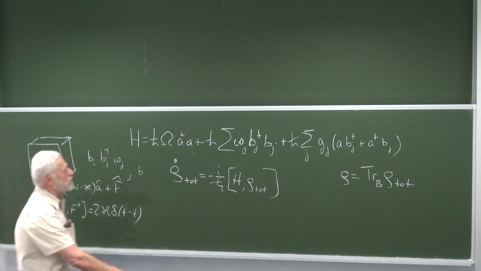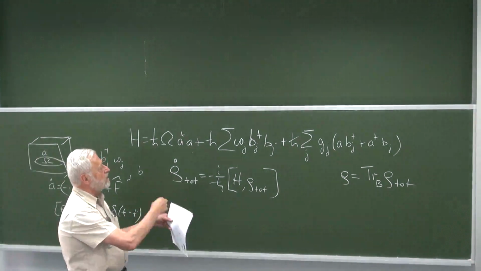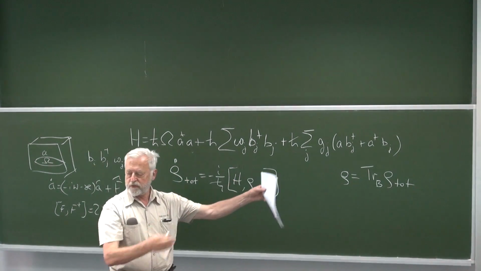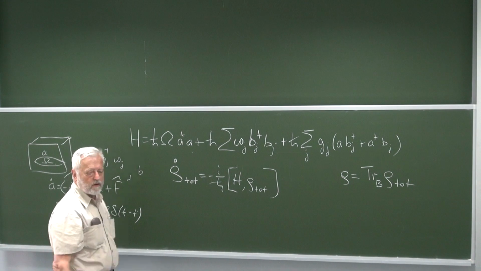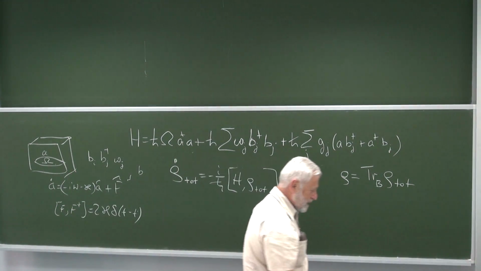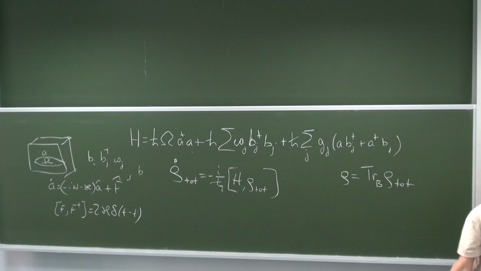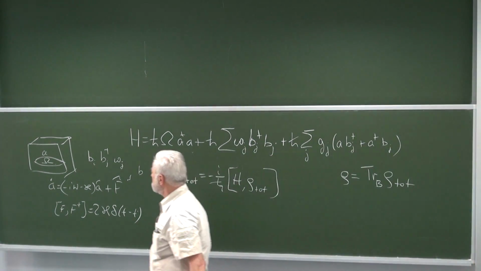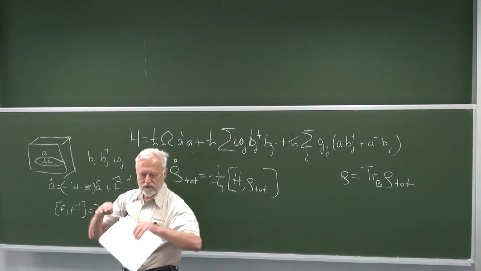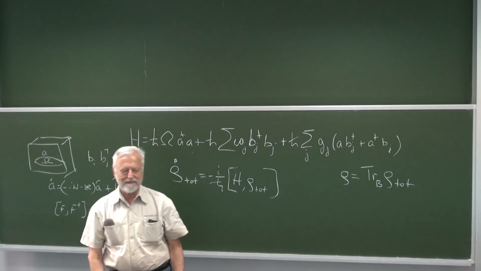We don't want to think of the behavior of all degrees of freedom. We are interested in the behavior of what is inside. And the bath, we think, is huge, has infinitely many modes, and consists of the rest of the universe.